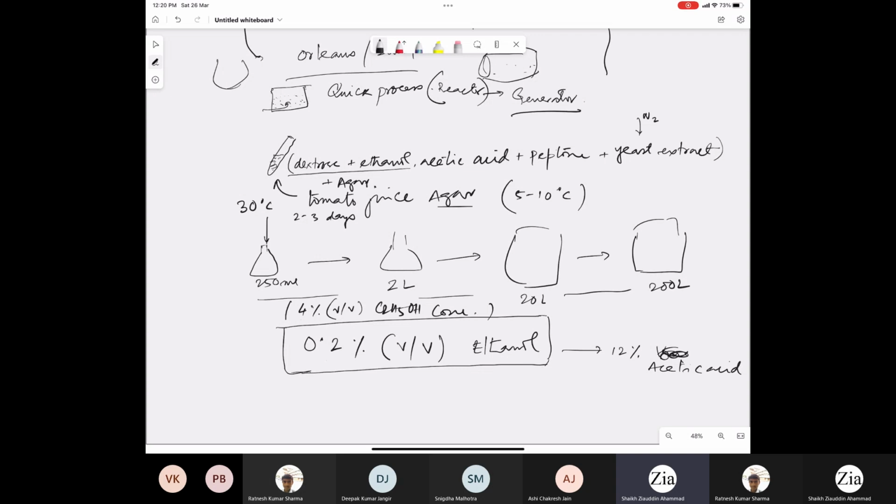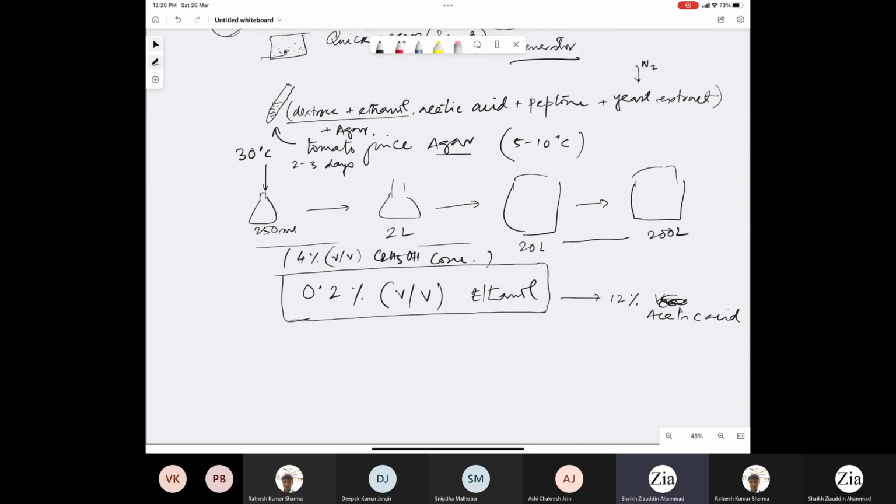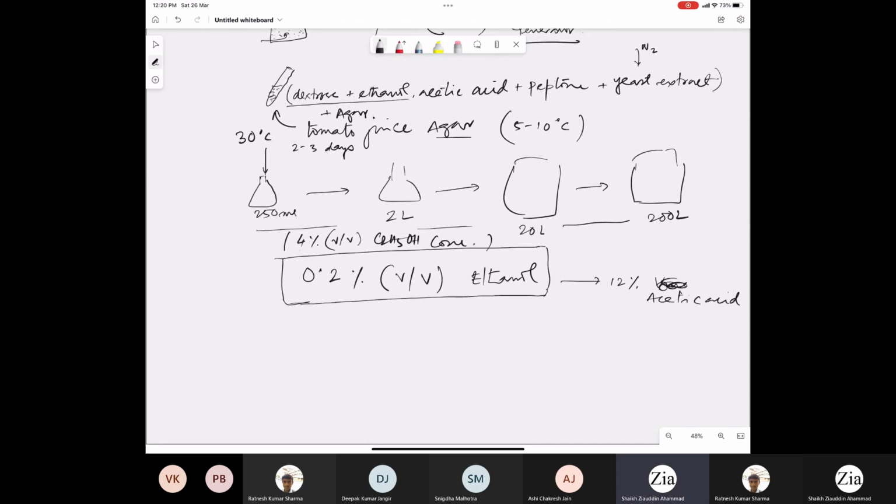Now, in the industrial production process, first you grow the culture so you can get a substantial amount of inoculum, and wherever you have done this submerged culturing, there you try to maintain at least 4%. So it is less than 5% alcohol, because more than 5% alcohol is also not good for the bacteria. So you try to maintain around 4% ethanol concentration, and also make sure that fresh or additional feed is supplied to the system wherever the concentration is reduced to 0.2%.